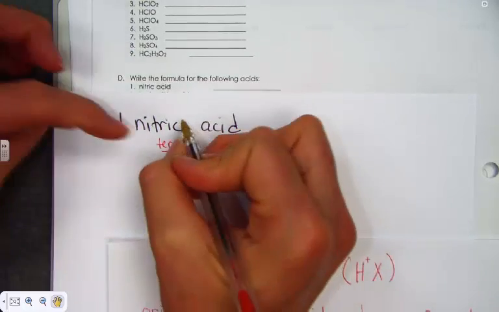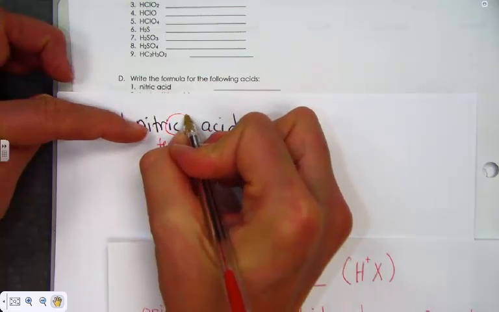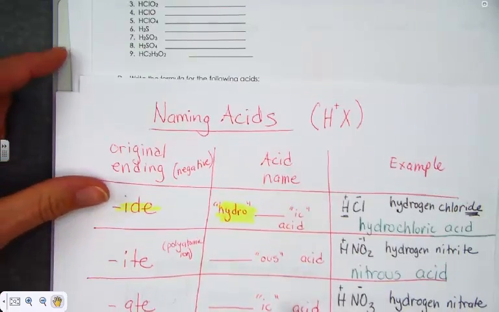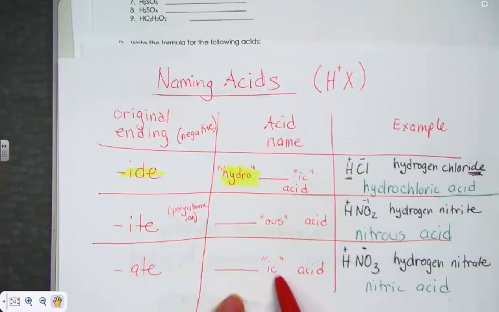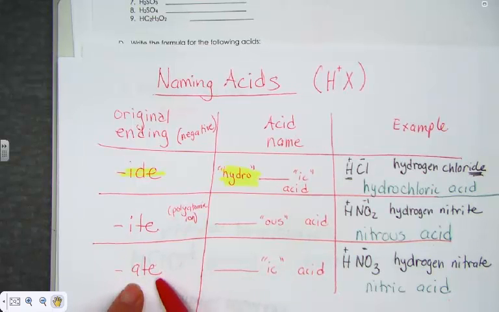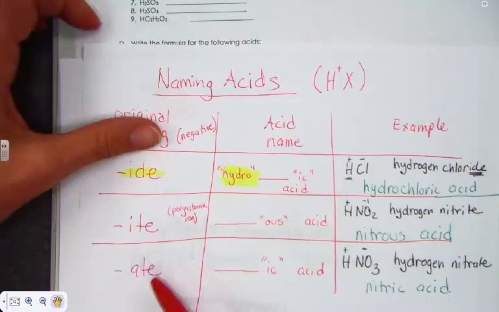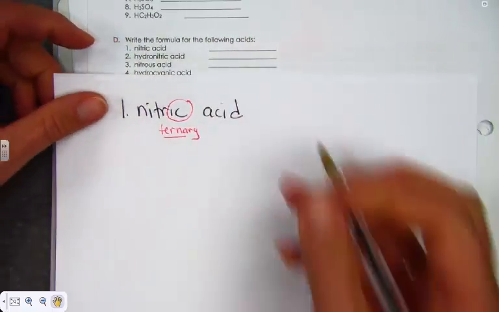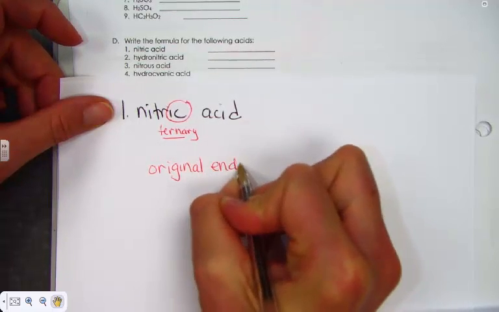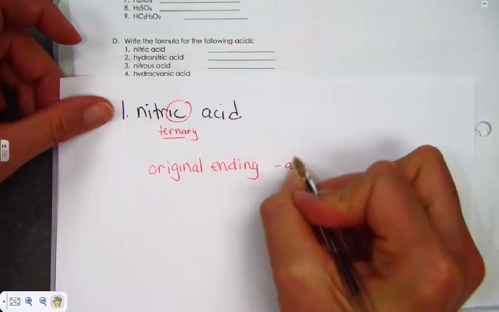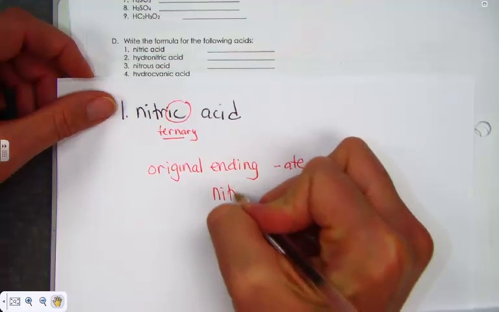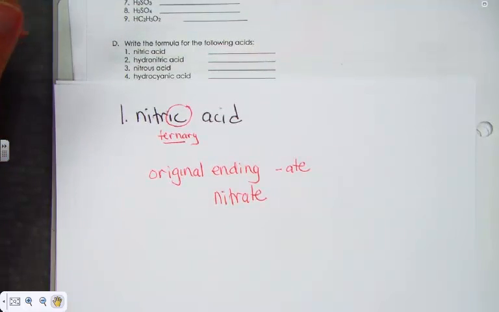No hydro out front. And I notice the ic. I notice the ic as the last name. If it ends with ic and I'm not hearing hydro, no hydro, just straight ic, the original ending was ate. I need to find nitrate. If the original ending on our polyatomic ion is ate, what we're finding on the polyatomic ion chart is called nitrate.